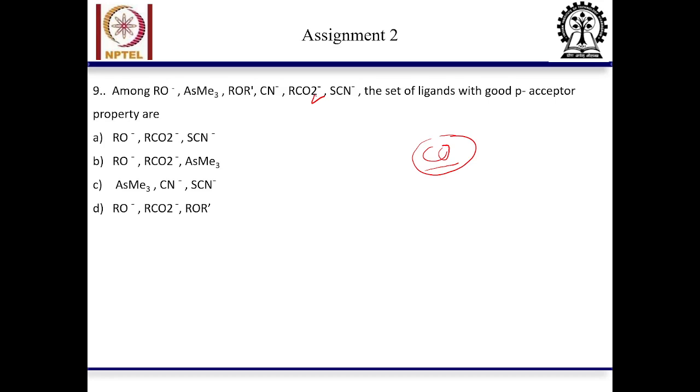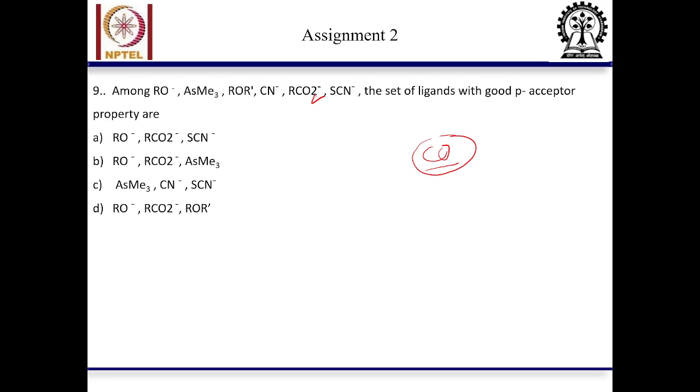Now I'm saying B. Anyone else? Anyone else can write in chat box. So I will just give the hint.